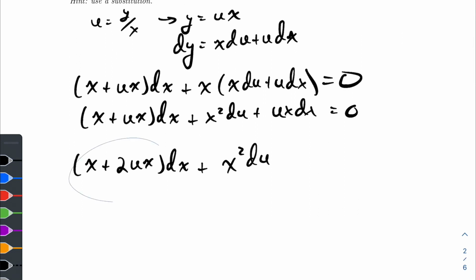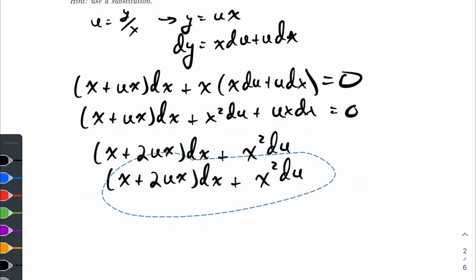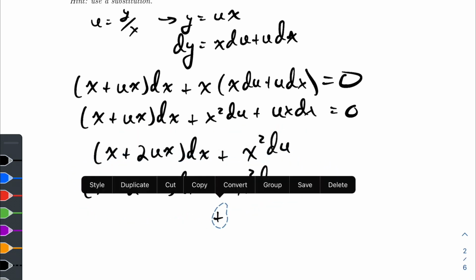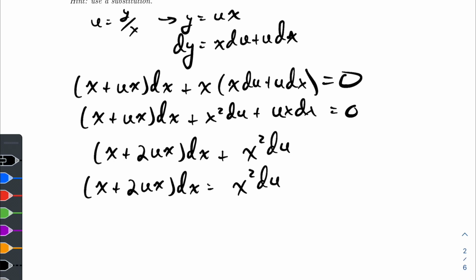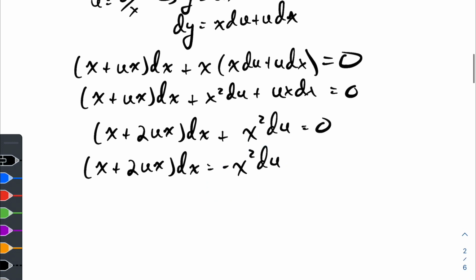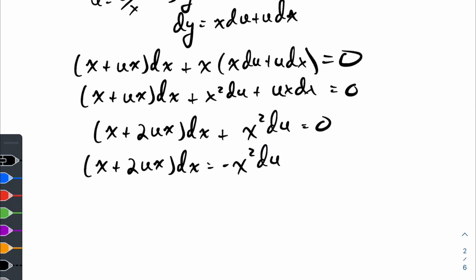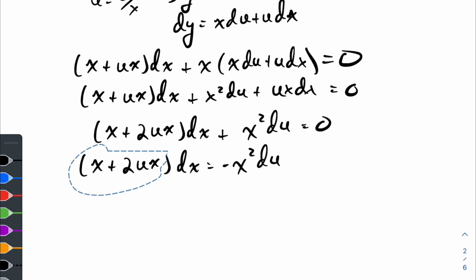And I'm just going to go ahead and subtract that x squared du to the left-hand side. Equals negative, okay? So just bringing that over to the right-hand side. I forgot my equals 0 over here. And now I can also modify this guy here by factoring out an x.